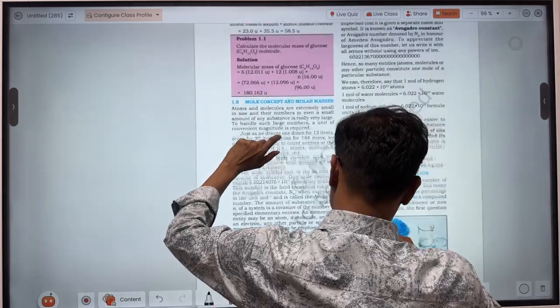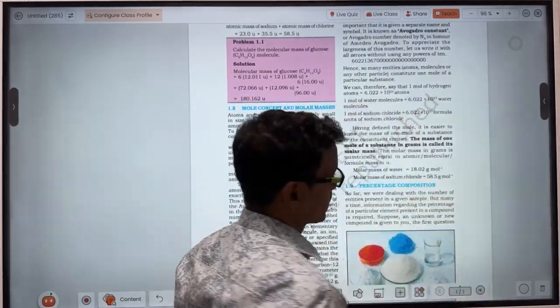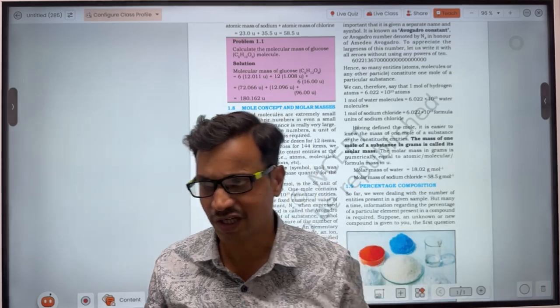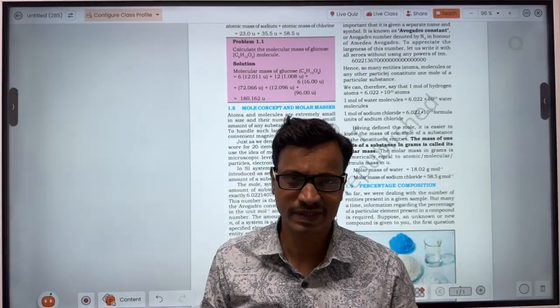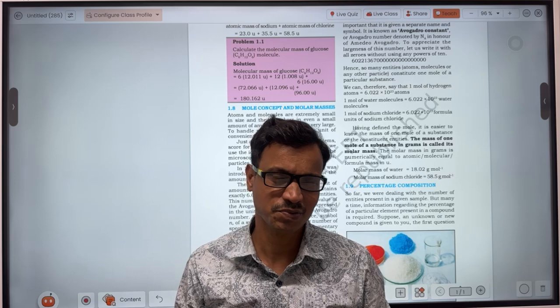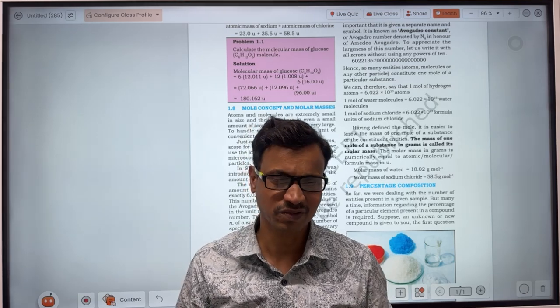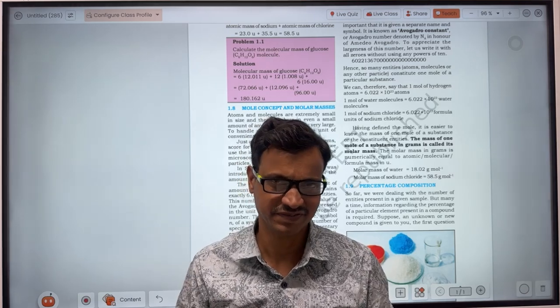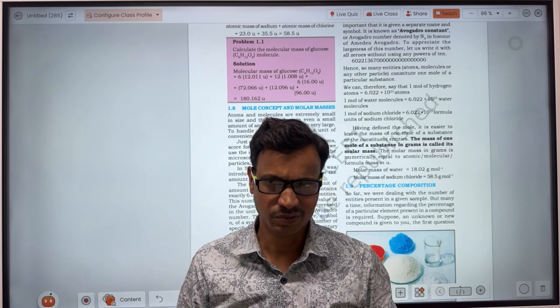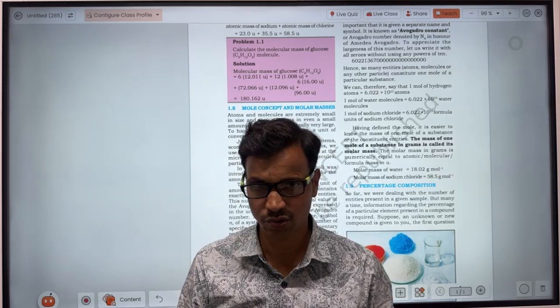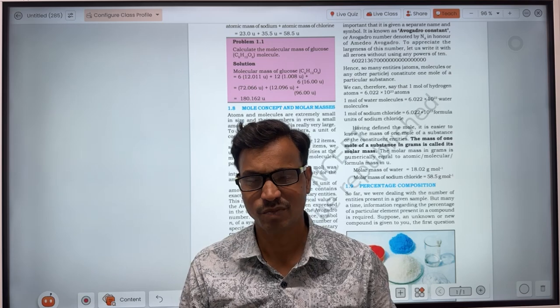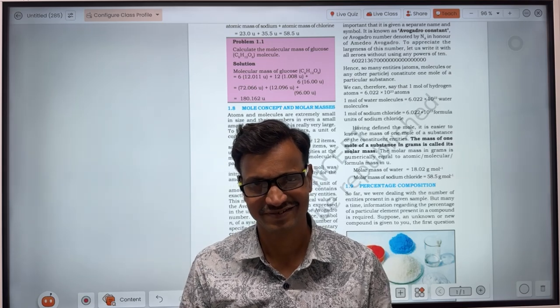Molar mass means here, in case of atomic weight, if there is sodium, sodium is an element, so the molar mass of sodium is equal to the atomic weight of sodium, or atomic mass of sodium. O2 is a molecule, so when it says molar mass of O2, it means molecular mass.